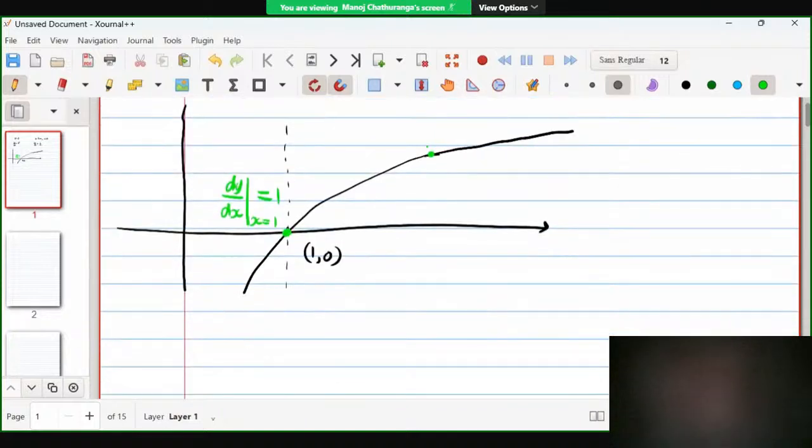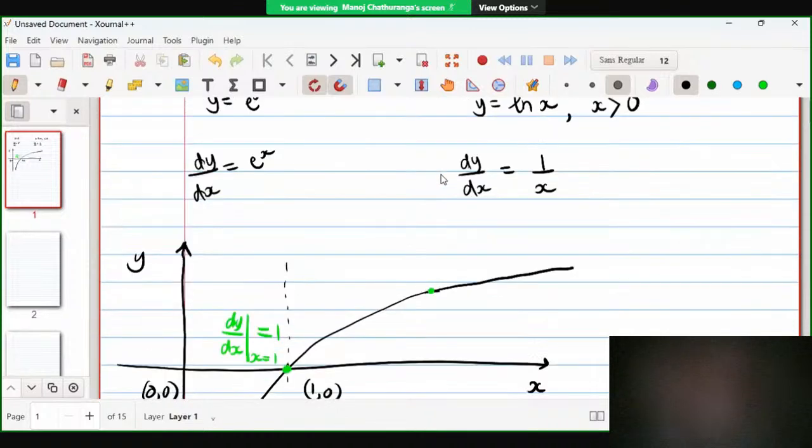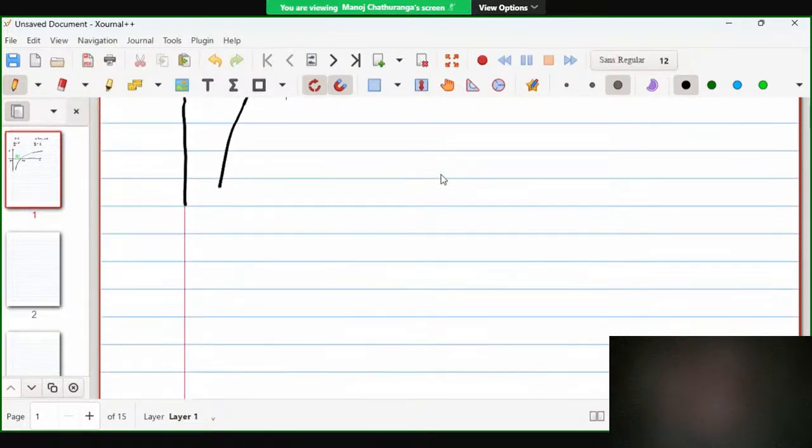On the other hand, as we go closer to 0, slope increases. Y-axis is a vertical asymptote, so closer to y-axis, slope is enormously large. This is how the graph of natural log of x looks like.